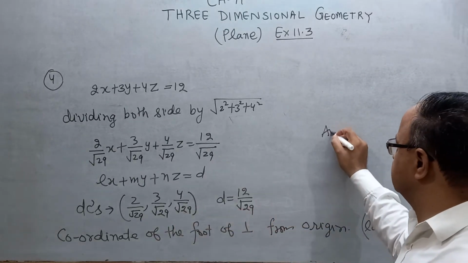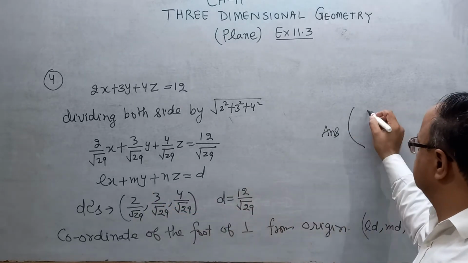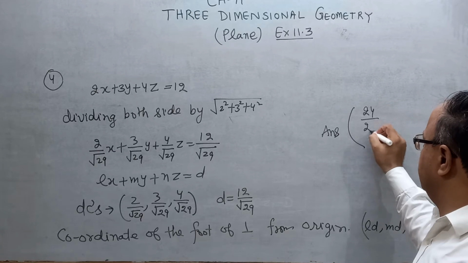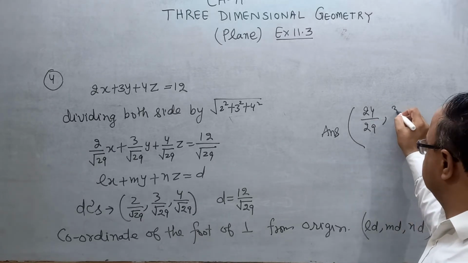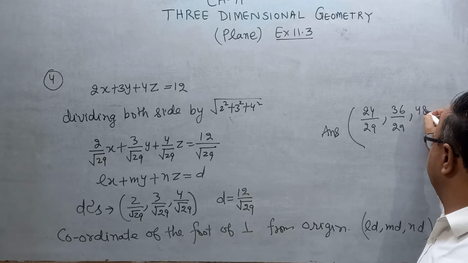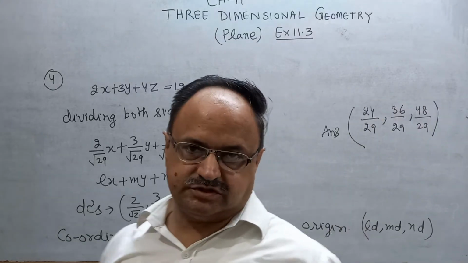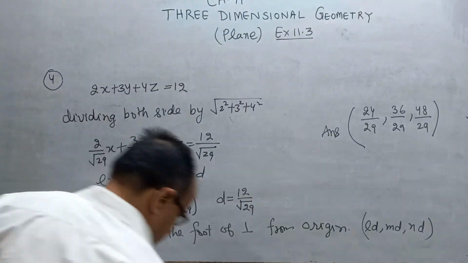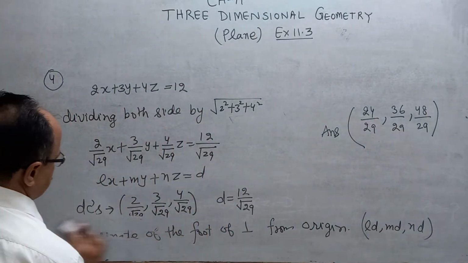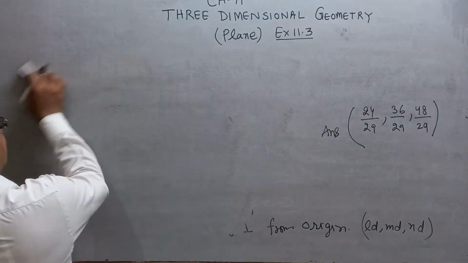Therefore the answer of this question: 12 into 2, 24 by 29, 36 by 29, and 48 by 29. This is the answer of this question. Clear? Coordinates of the foot of perpendicular from the origin.